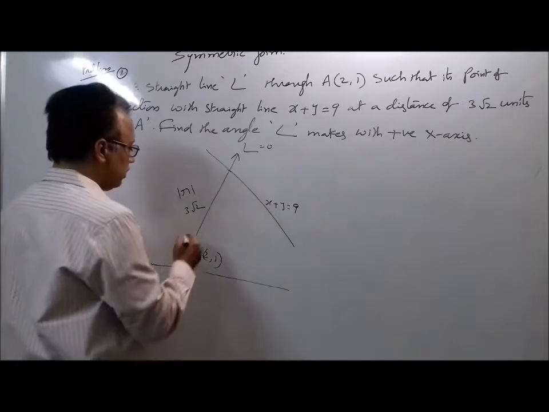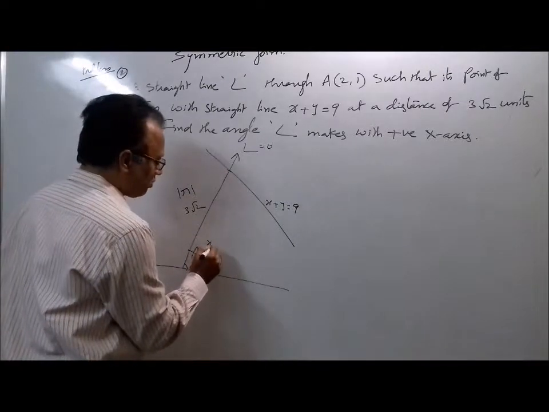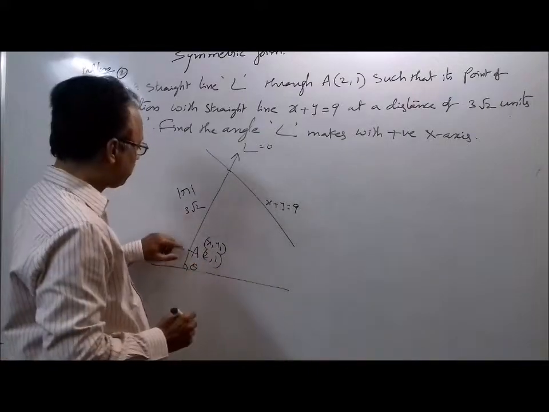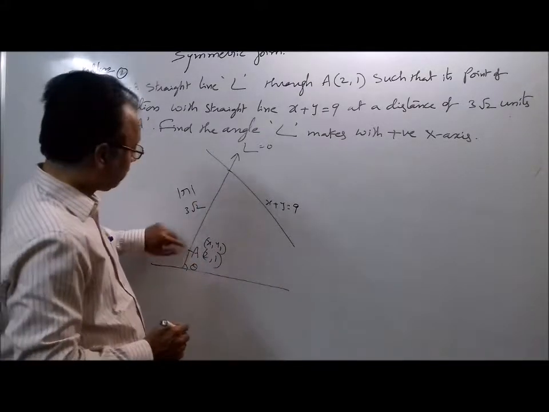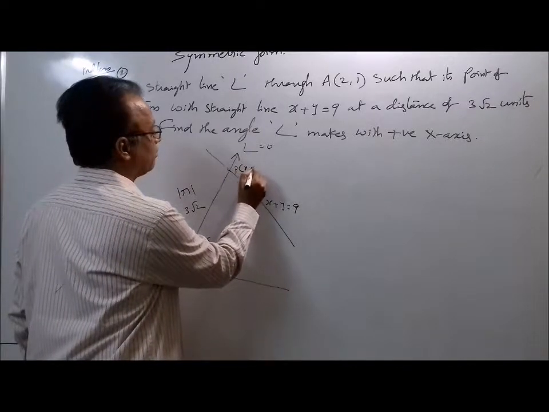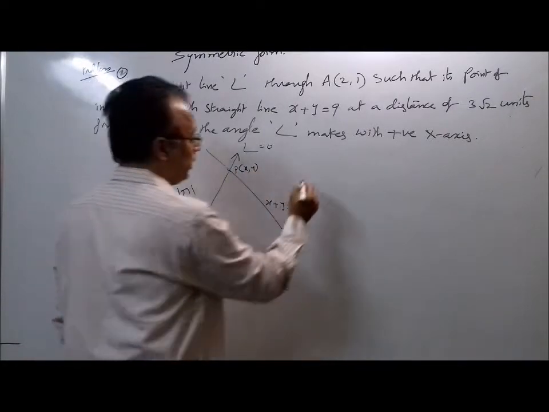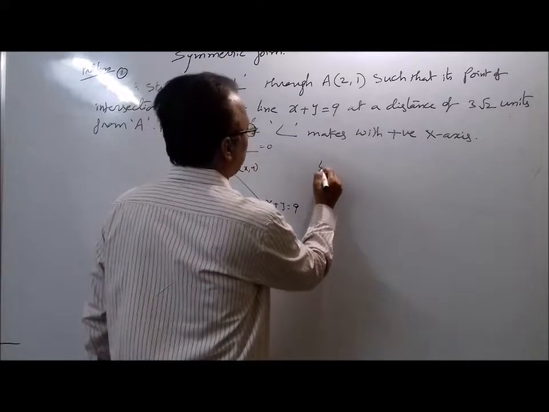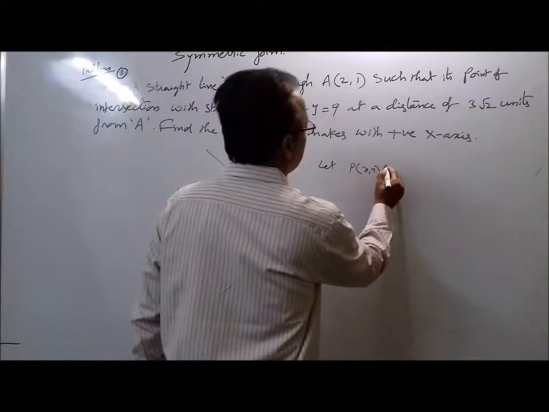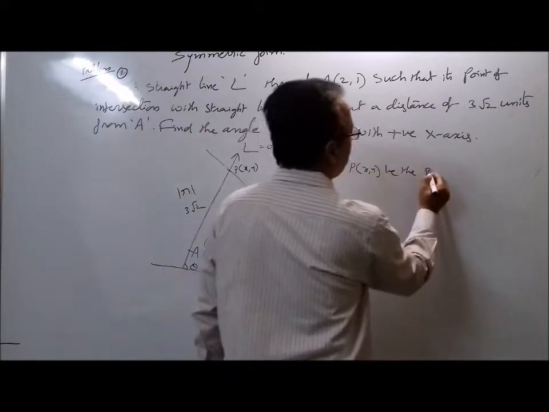We take this as x1 comma y1, and we know this distance is r. The point is x1 plus r cos theta. You take this as some point (x, y). So we know, let (x, y) be the point of intersection.